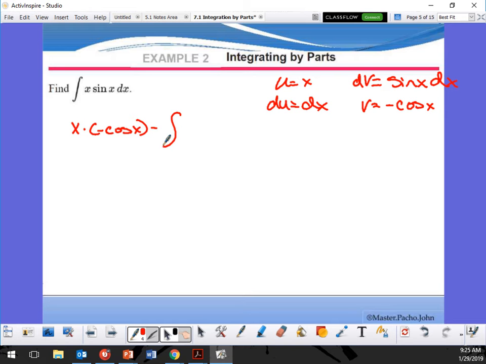It was v, right? It is cosine, right? Or sine? Which is it? Negative cosine x.